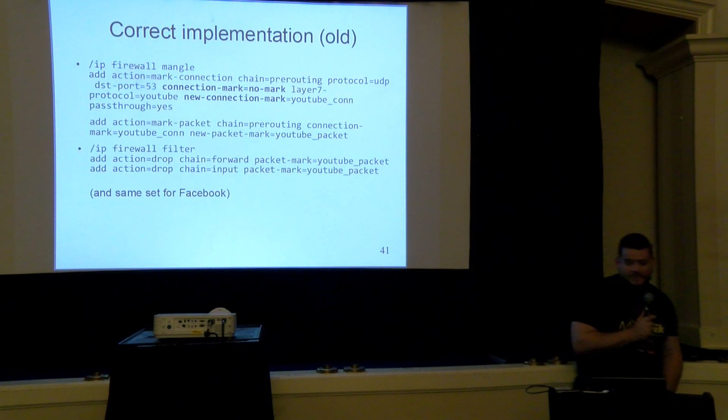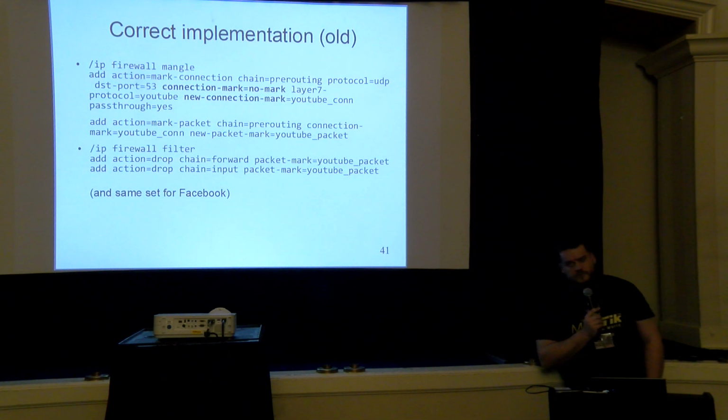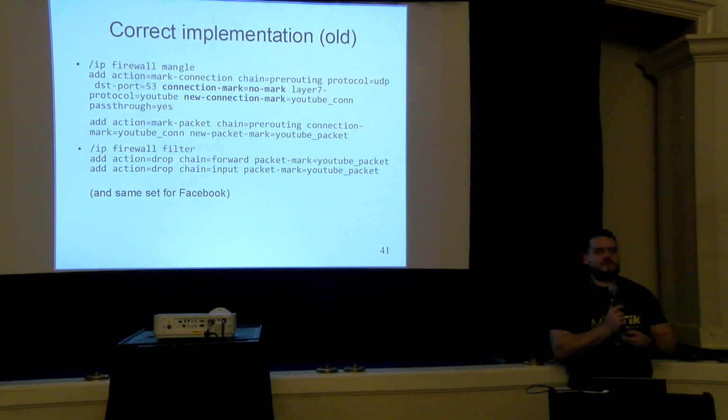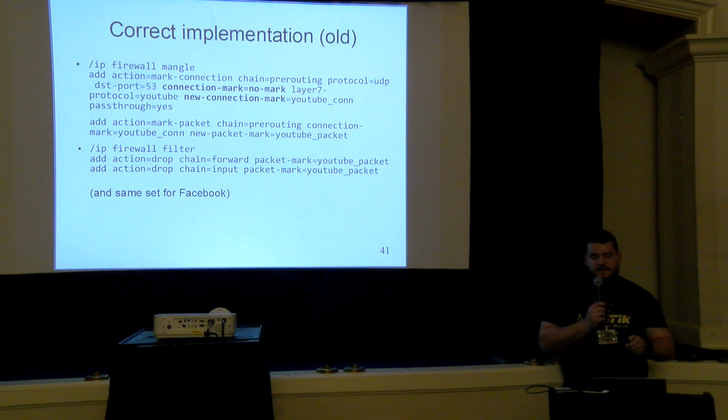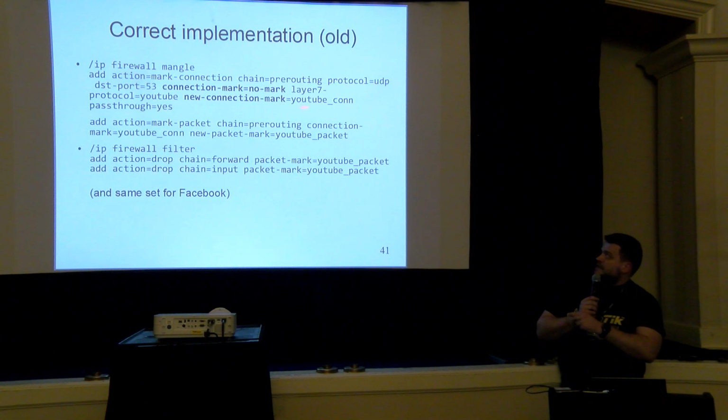So the proper way, but the old style, is to use connection mark. So you take a previously unmarked connection, so connection mark no-mark, and then if it matches your pattern, you add a connection mark, YouTube for example, over here.